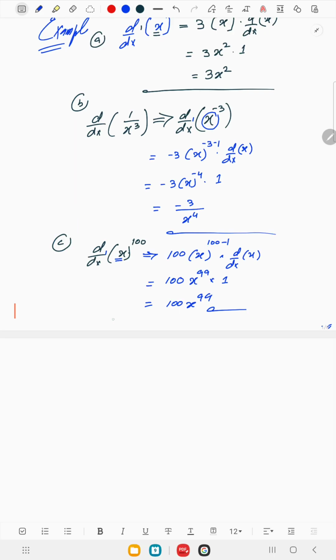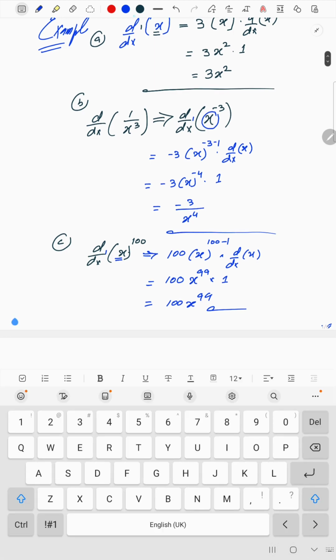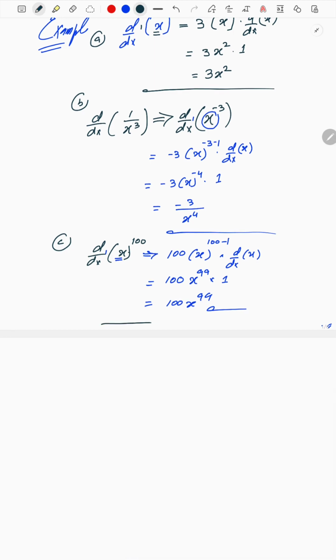Okay guys, now after doing these examples, I hope you better understood rule 1, that is the power rule. Now rule number 2, that is the multiple of a constant, like a constant product rule.